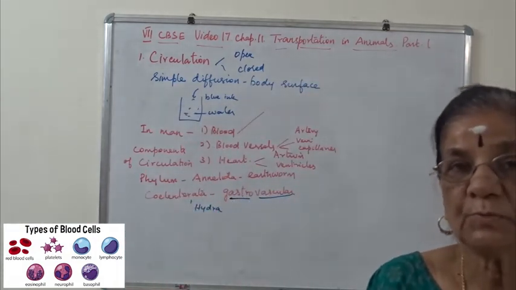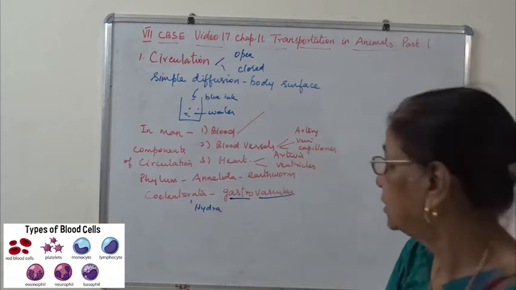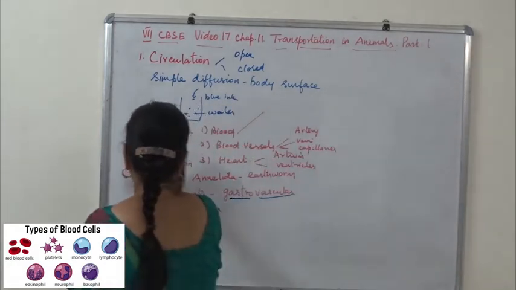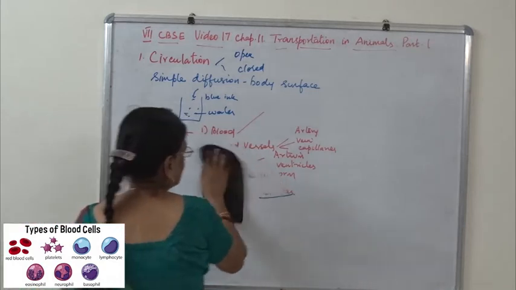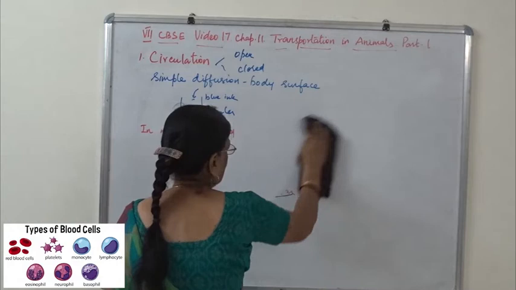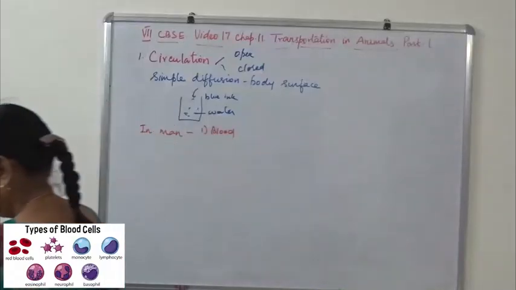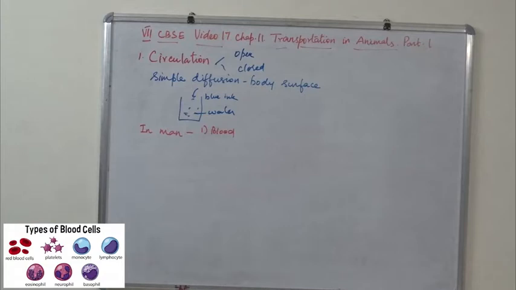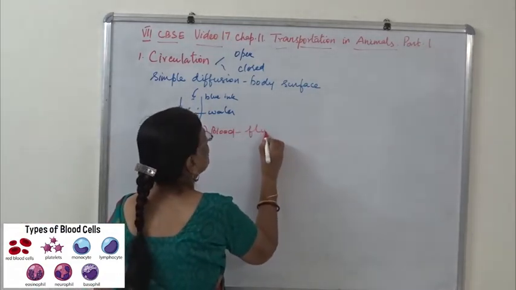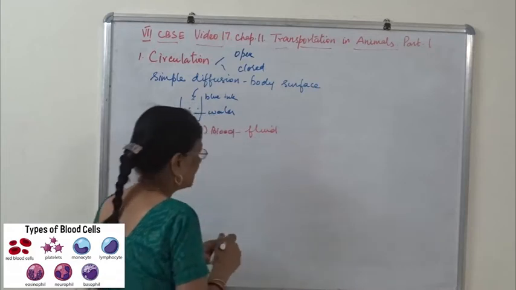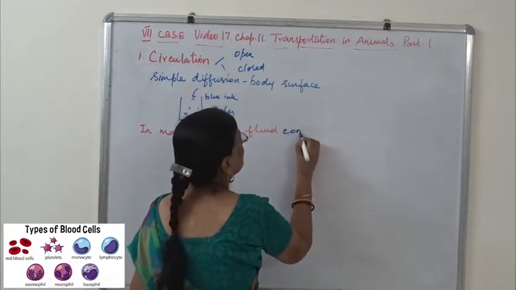Blood is formed of two main components, a liquid portion and a solid portion, which we are going to learn. Blood is a fluid connective tissue.